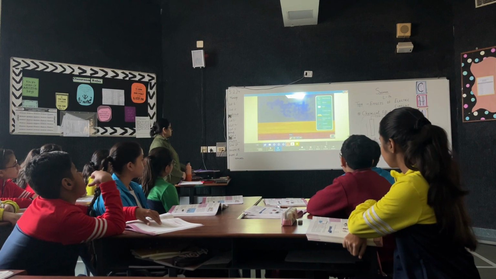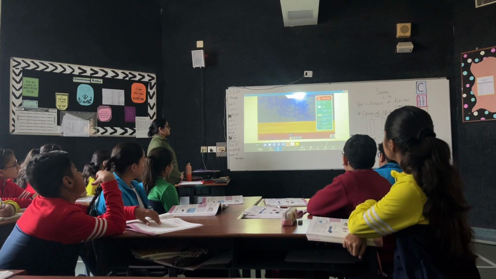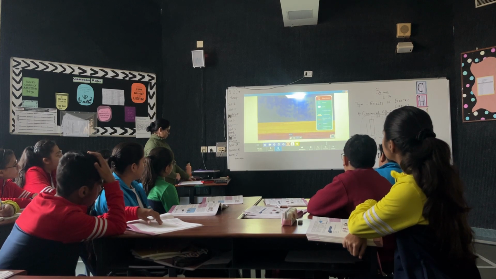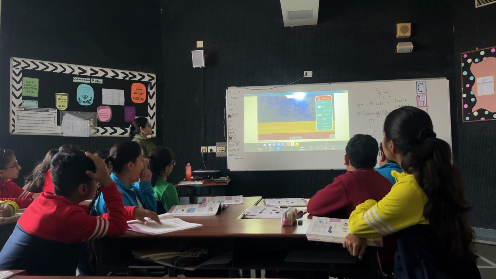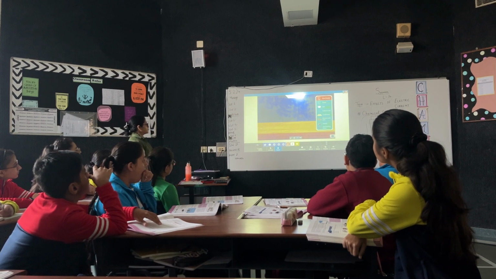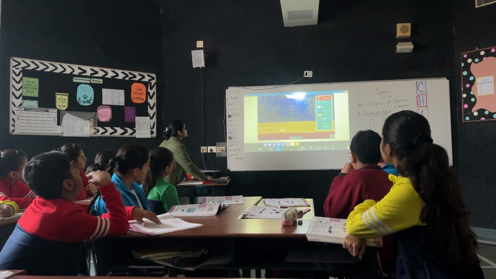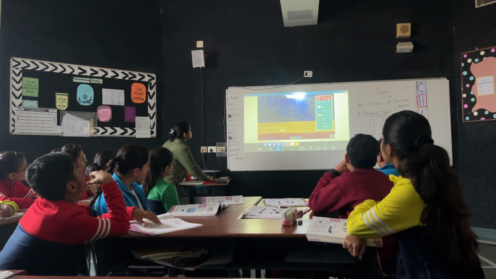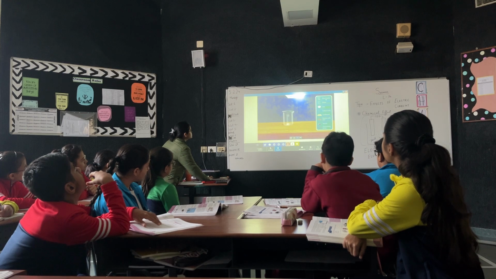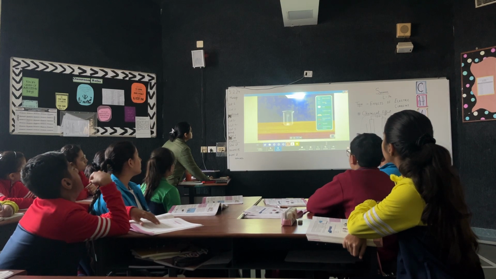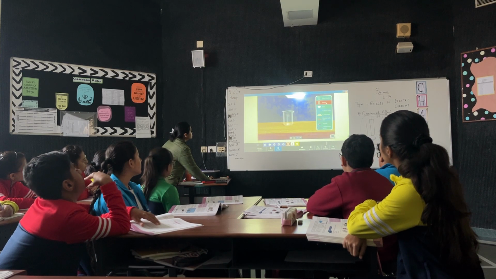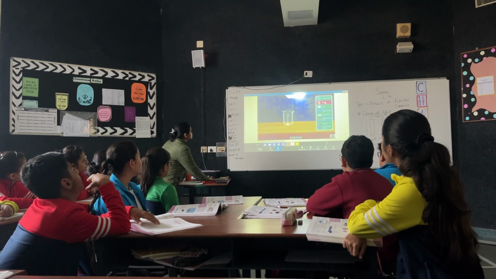Let's begin our experiment. Click on the empty beaker from the list of apparatus on the right. Now, fill water in the beaker. Click on the beaker filled with water from the list.